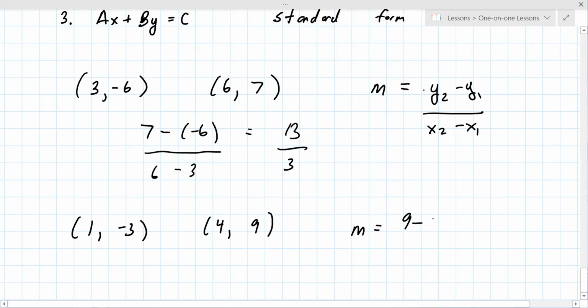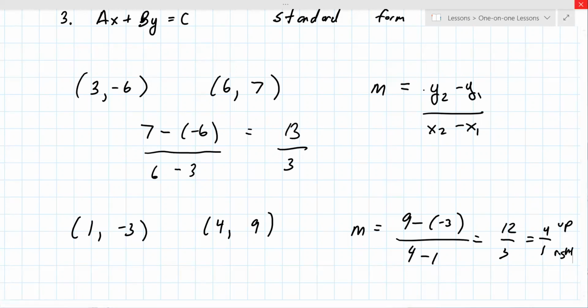Yes. So 9 minus negative 3 over 4 minus 1, 12 over 3, which is 4 over 1. So that means it's 4 up and then to the right. So it's rise over run, or if it's positive, it goes up. If it's negative, it goes down.